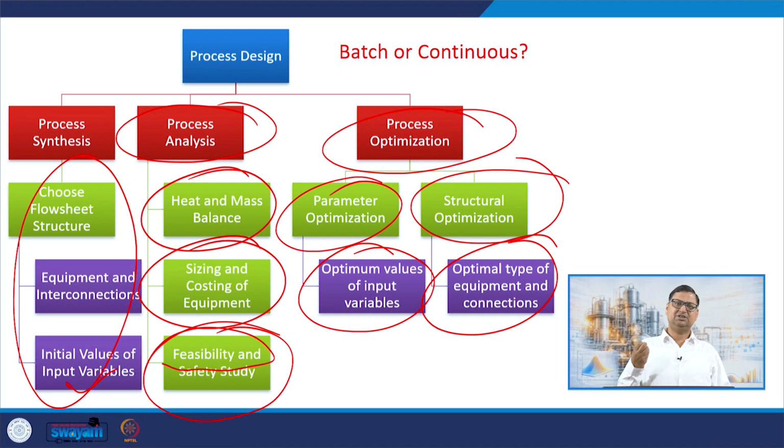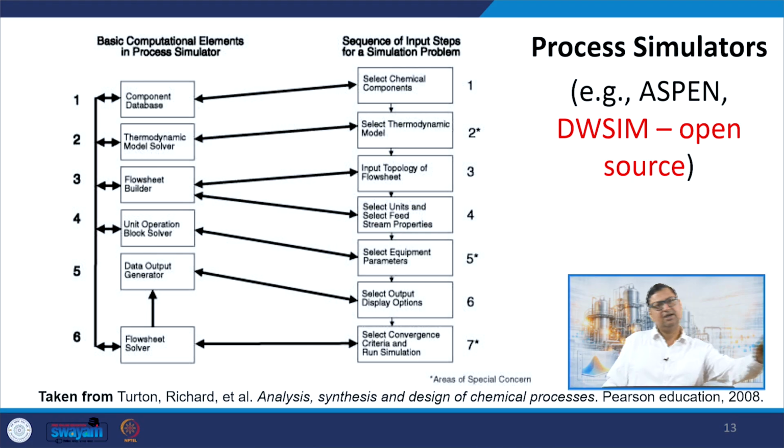So any process design for a chemical plant that you want to set up, or anybody wants to do, it needs to have basically these steps. After deciding on whether it is batch or continuous, one has to go through synthesis, then analysis, and then finally optimization of the process. So in the coming classes, I will also discuss what exactly goes into a process simulation.